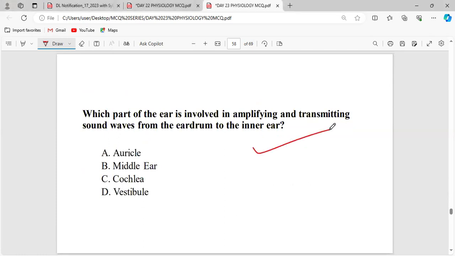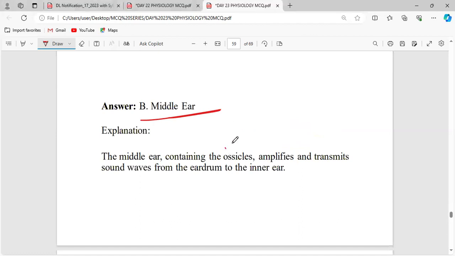Which part of the ear is involved in amplifying and transmitting sound waves from the eardrum to the inner ear? Quick, we have less than 1 minute. That will be the middle ear because it contains the ossicles.